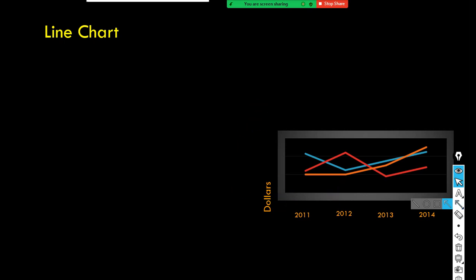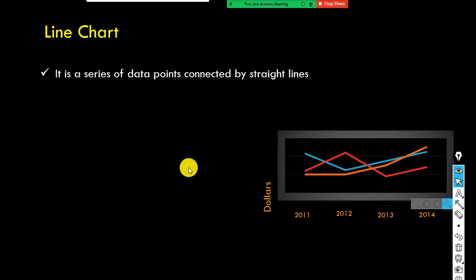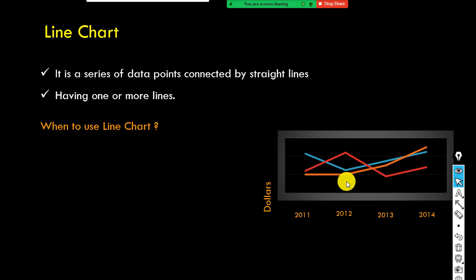When to use a line chart? Now the next question is, when should I use a line chart? To compare trends over time. Let's say, for your audience, to show the trends in how sales value changed over the years. In that case it makes sense to use a line chart, or you can use an area chart also.